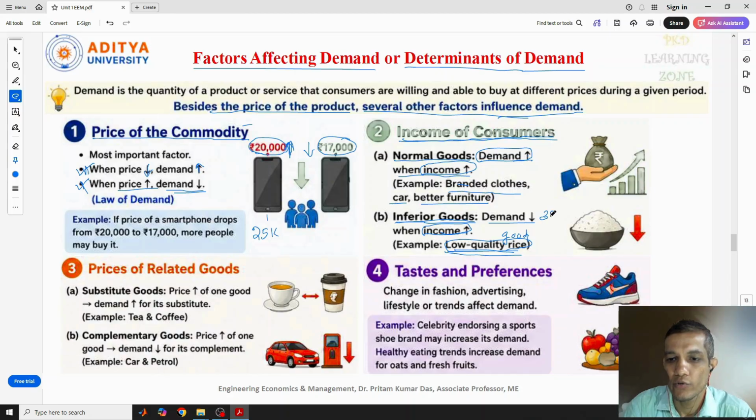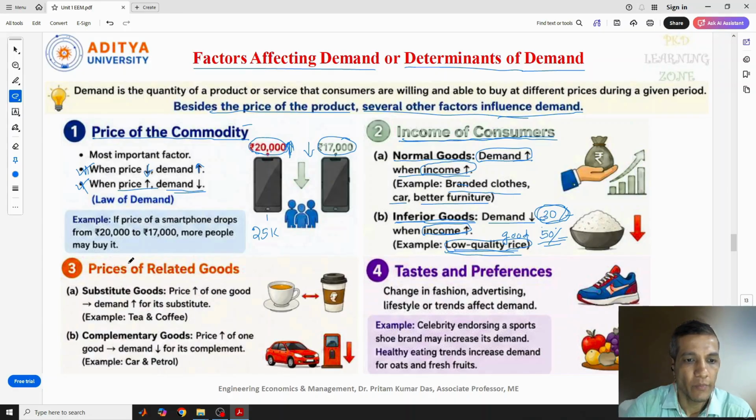Suppose they used to purchase 30 rupees per kg rice, and when their income increased, they may have shifted to 50 rupees per kg rice. So at that time, when their income is increased, the demand for this 30 rupees rice is decreased. That's why it is called demand decreases when income is increased for the consumers.